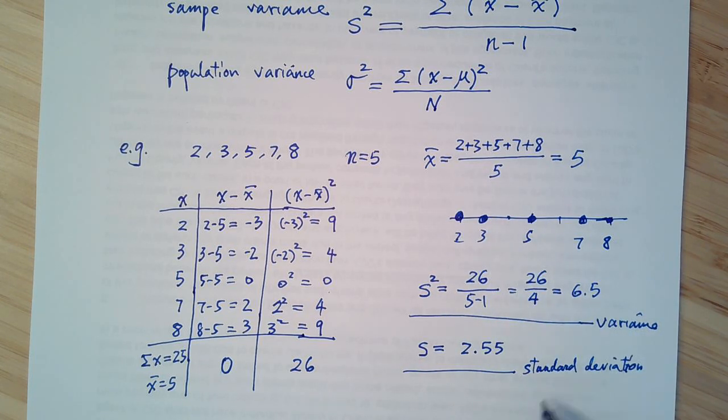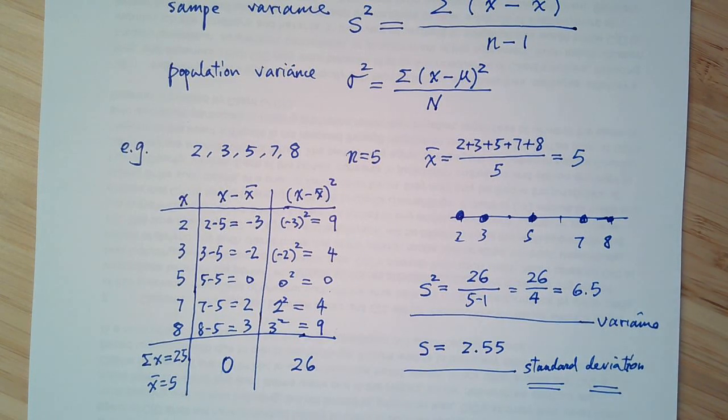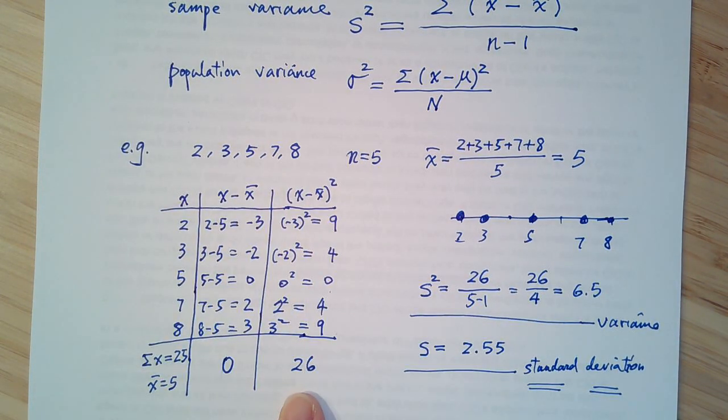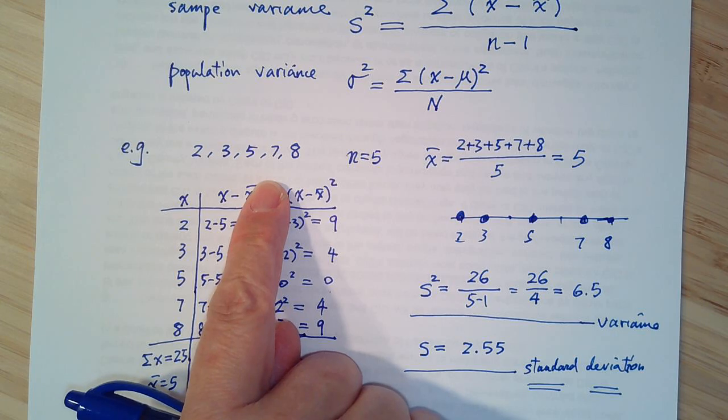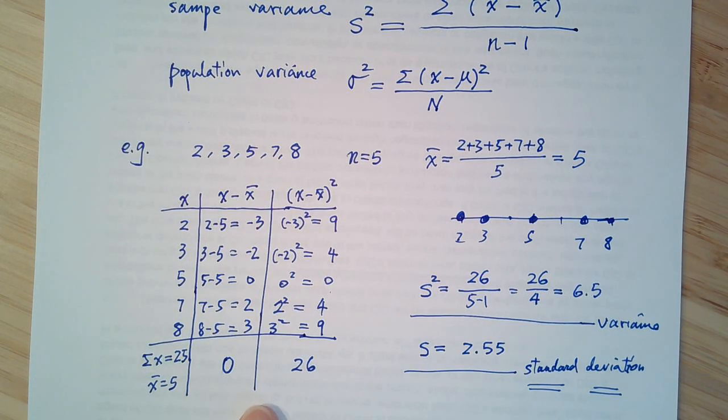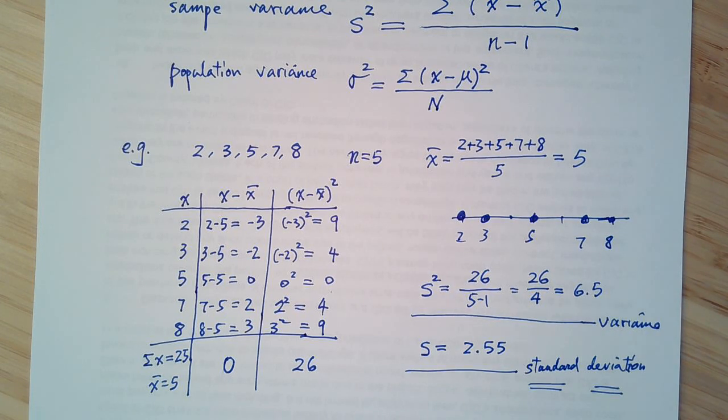So that's called the standard deviation of this data set. And this is the way, every time I give you a list of numbers, here is how you get the variance, and once you have the variance, you take the square root of it, you get the standard deviation. So I hope this can explain how you get the sample variance and the sample standard deviation.